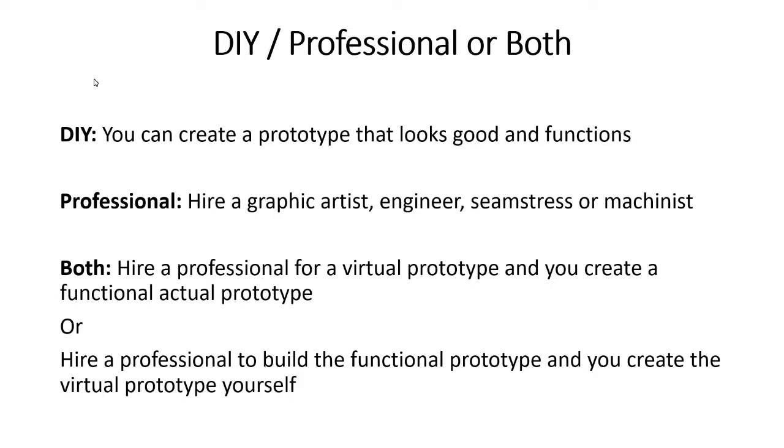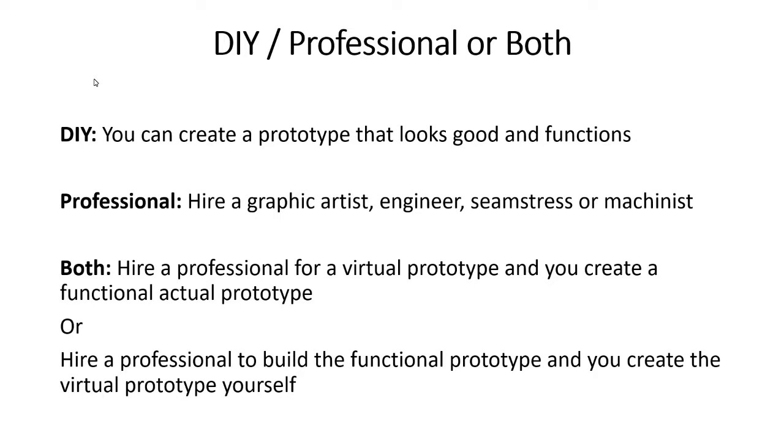This would be a good example if, for example, the Super Soaker. So the Super Soaker, you can create the actual product using PVC and some other things, but it doesn't look so great. So that's when you would hire a professional to come up with a virtual prototype that you would couple with your actual working prototype.